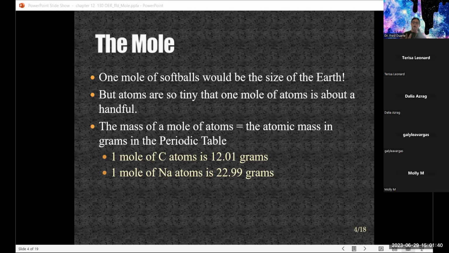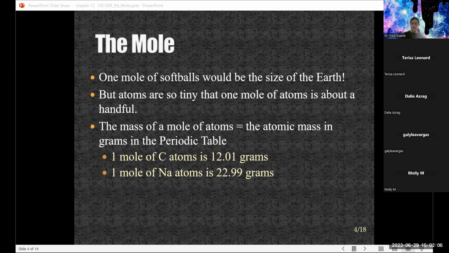I got 2 moles of carbon. How much would it weigh? What do you think? If 1 mole weighs 12.01 grams, what would 2 moles weigh? 24.02.